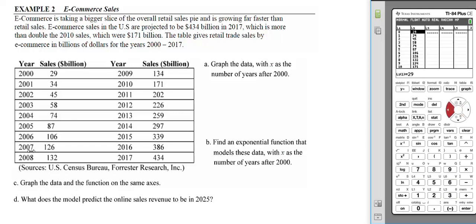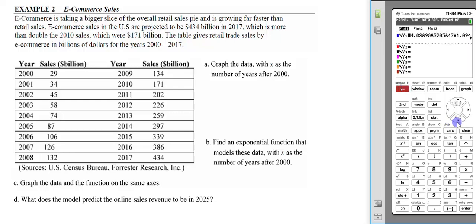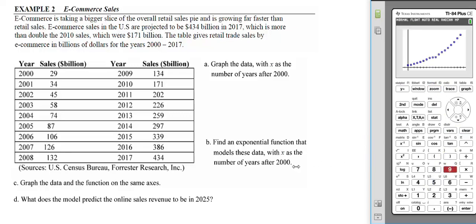Double check to make sure that we've not entered anything incorrectly. Go to y equals, and let's erase the function that we had before. Our plot is already on, so let's do another zoom stat so we are getting a window around those new data points.